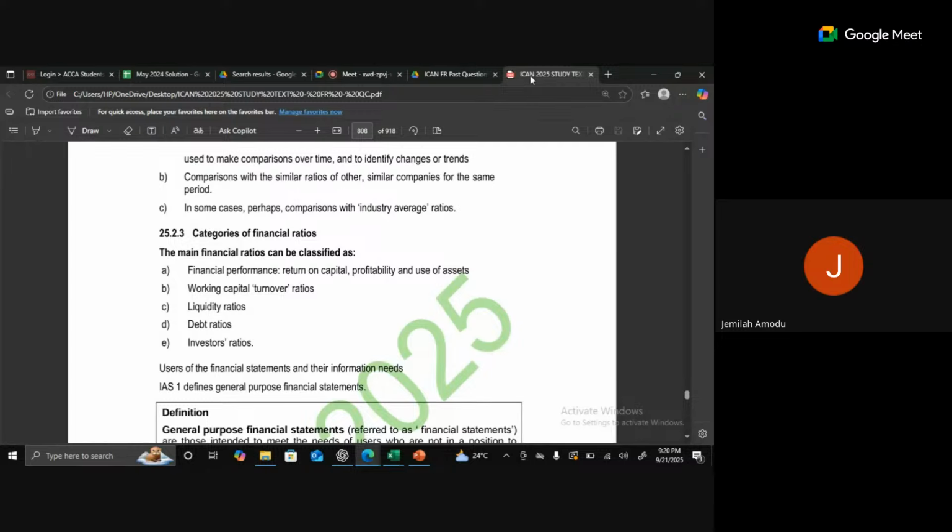Once you know that, to calculate this I need my gross profit, I need probably your non-current assets also, then your interpretation should fall within those elements. That means whether that particular ratio is high or low, it's all dependent on the things that make up the formula. So you can now relate it: this reduction might be as a result of probably the purchase of an asset.